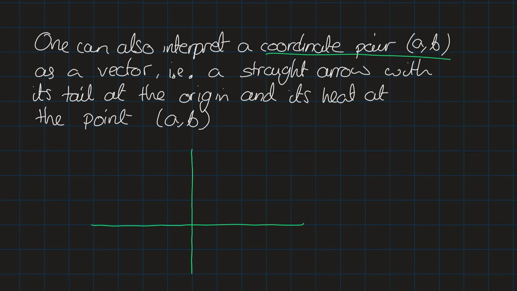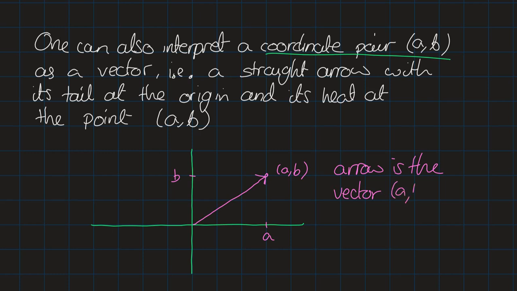So if I draw a point here, AB, this is A, this is B, remember? Well, this is the point AB, and the vector AB is this arrow right here. So the arrow is the vector AB.